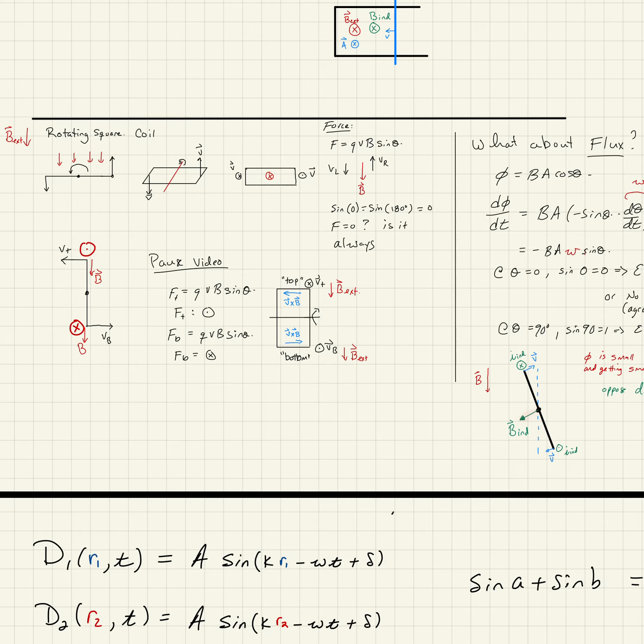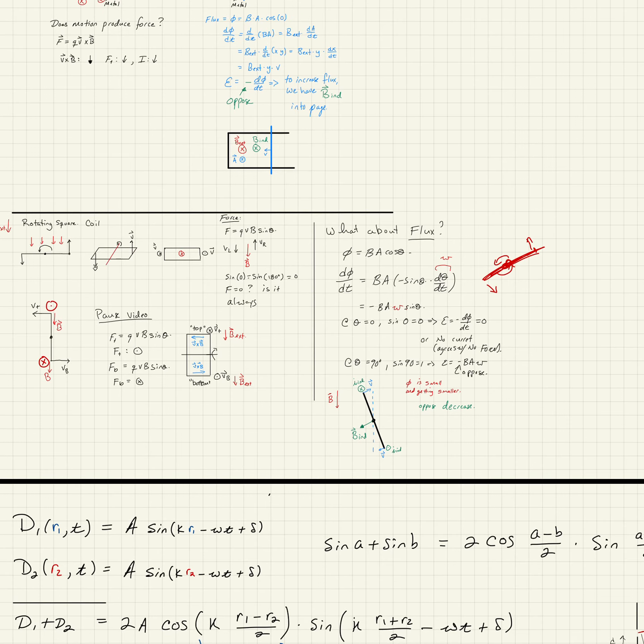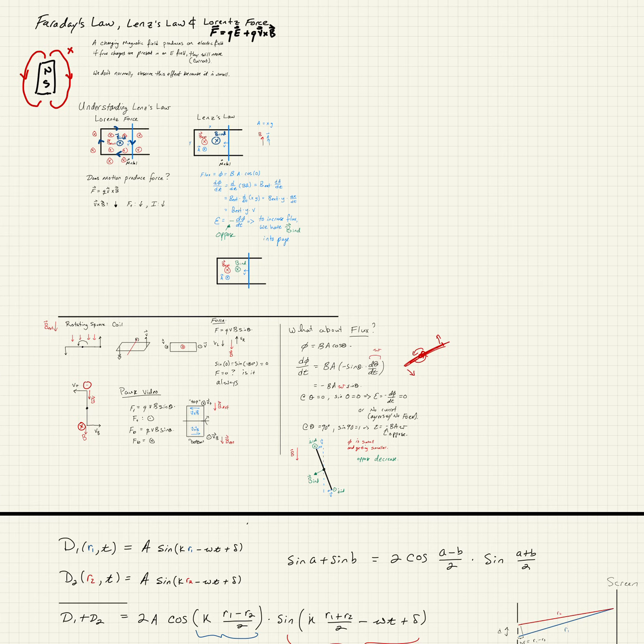It's got to be that way instead. So the big takeaway point is the following. When you have a changing flux and a conductor, you're going to create a magnetic field that opposes that change. And then once you know the direction of that opposed change, you can, from the right-hand rule, figure out which way your current had to have been.